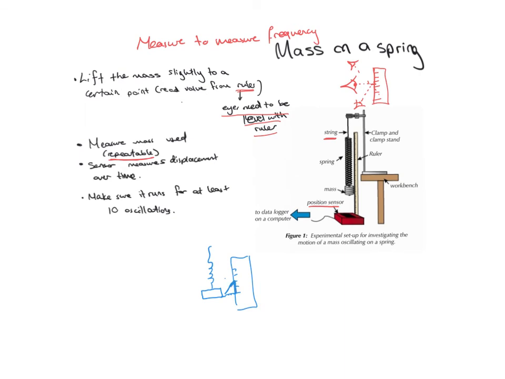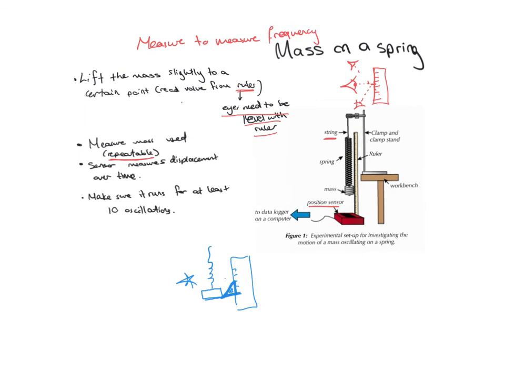You can place a set square like this to make sure that this value is fully aligned with the value that you're taking a reading of. So a set square is basically to get an accurate reading for the initial displacement of the mass. That's another tip to remember to include in terms of getting accurate results.